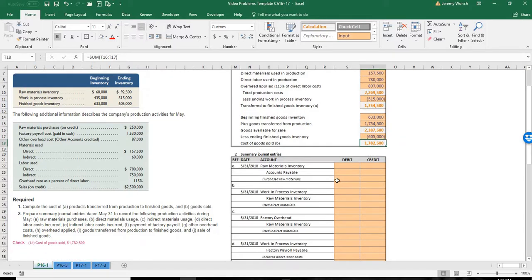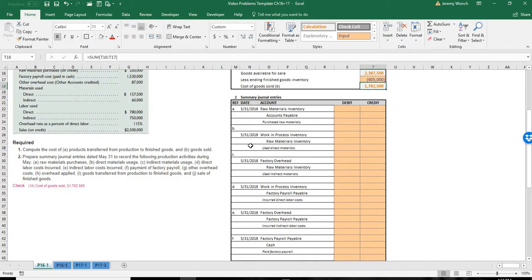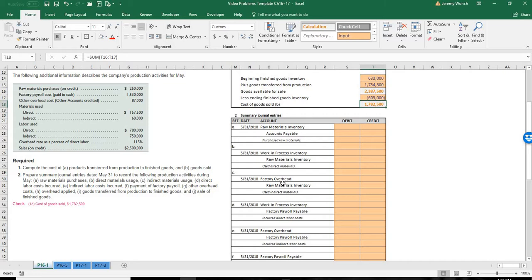So that is part one, and part two wants us to do some journal entries. It gives us different ones, starting with A, raw material purchases, and so on. We'll just start going through these journal entries. The first one is our raw materials purchased.